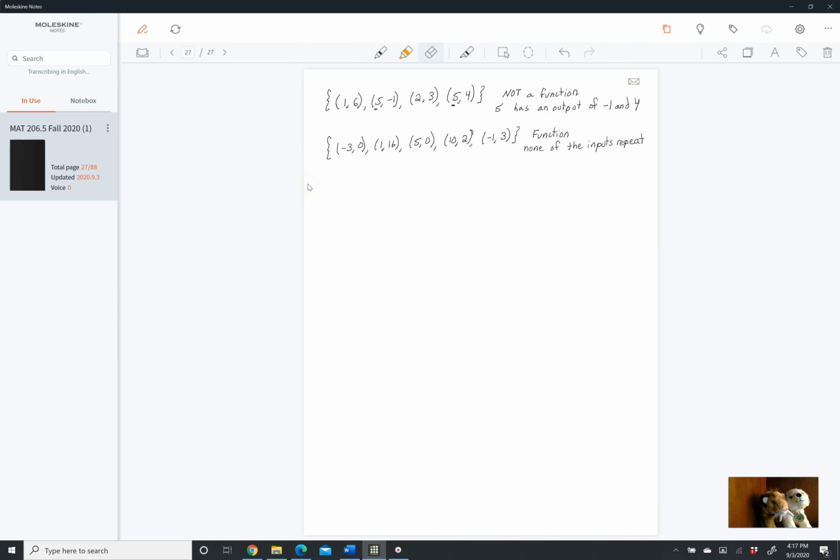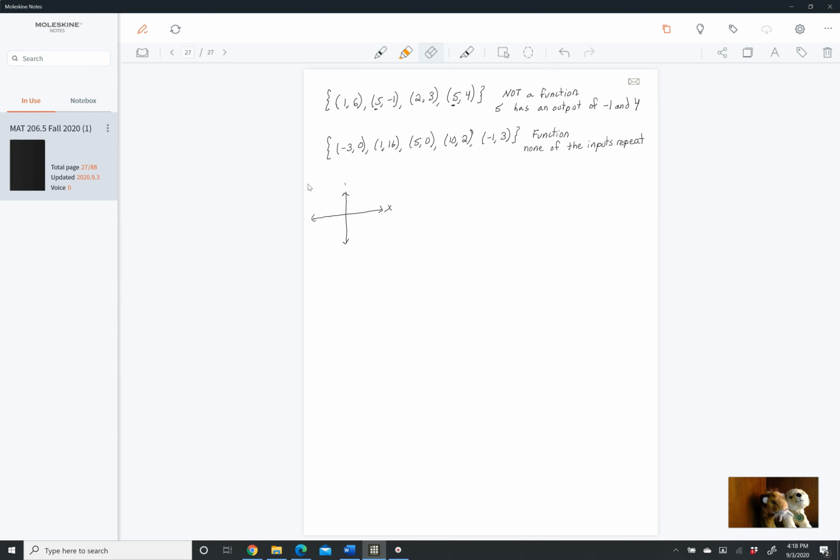Okay. And then the last way that we could show a relation is using a graph, okay? So we could have graphs that are functions and graphs that are not functions, okay? Let's take an example. So our x's are our horizontal axis.